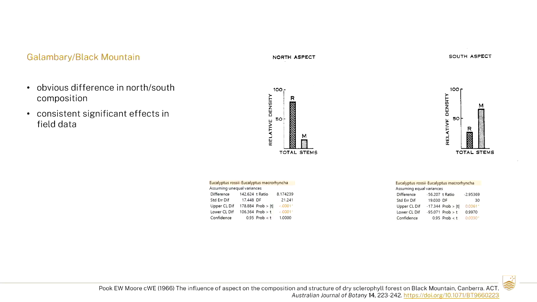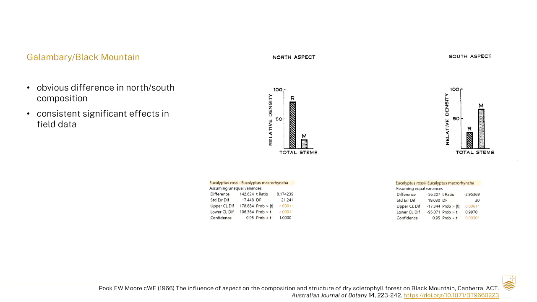Now, if we switch to the quiz and we ask a question around stocking, then we could conduct this test between north and south aspects, or on north and south aspects. So I've structured things a little bit differently here, where you are comparing between aspects for individual species.